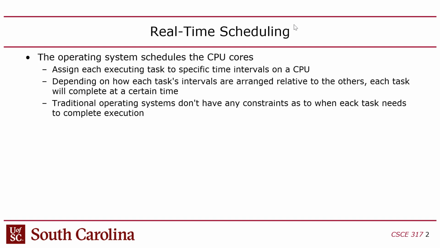So if we assume that each process is a task, now this is a little confusing, because on a regular desktop computer, laptop, or server, you have processes that are just running forever, like background processes. And then you have other things, like if you're playing a game, an interactive process.